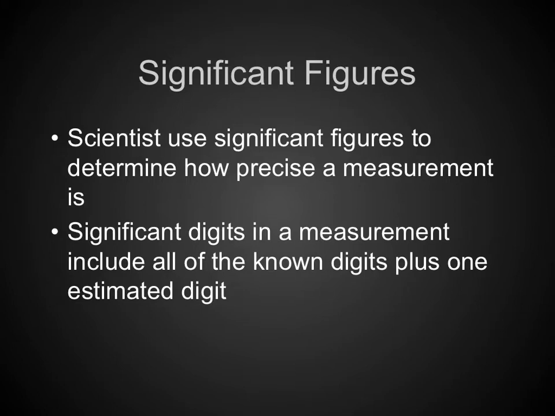So significant digits are digits that we know for certain are absolutely true. They include all of the known digits that you see on your measuring instrument, and we have one estimated digit. I'm going to show you how that works.